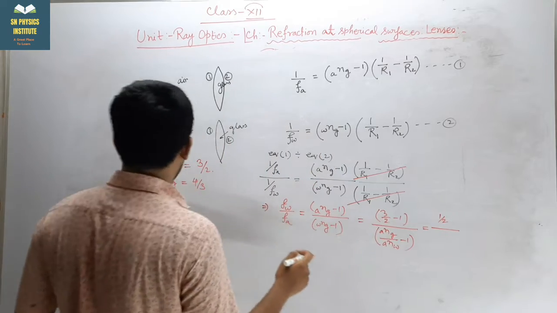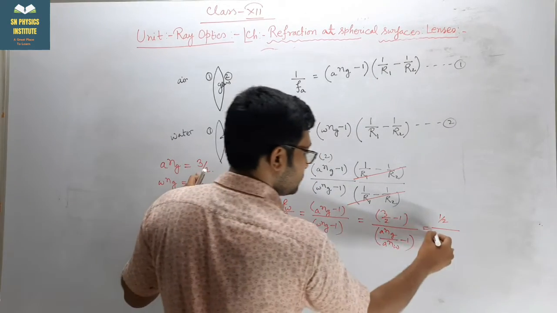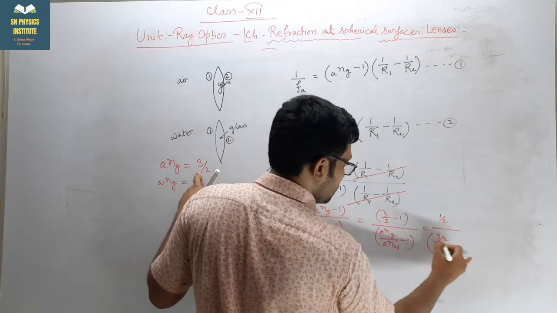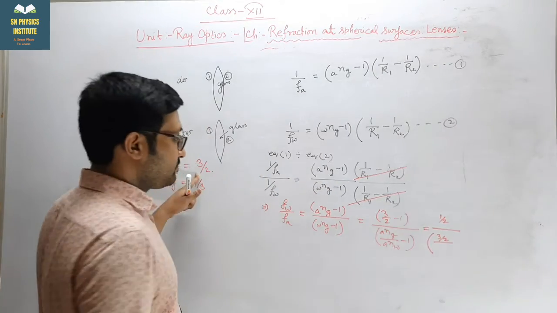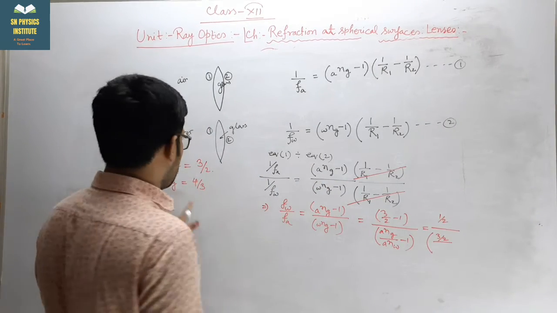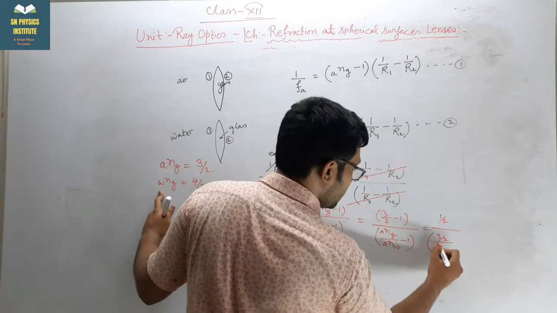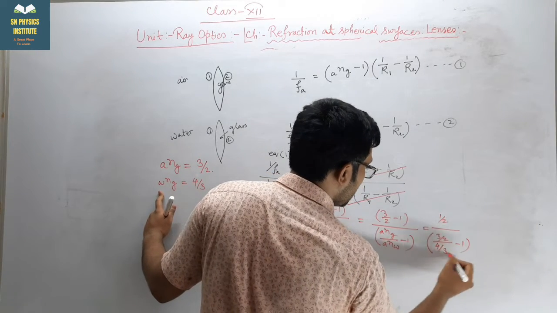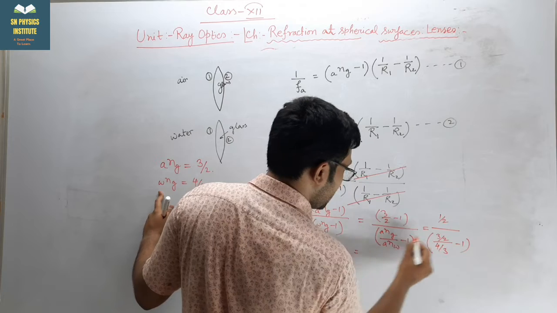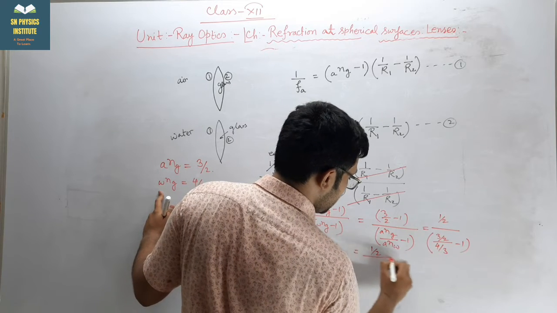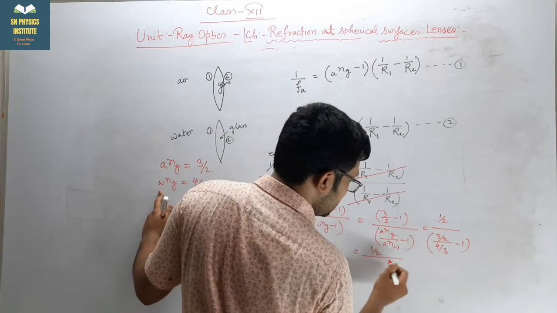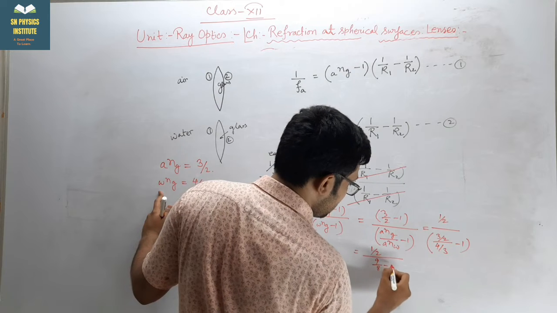And aNg divided by aNw minus 1 means 3 by 2 divided by 4 by 3, minus 1, so the denominator is 9 by 8 minus 1.